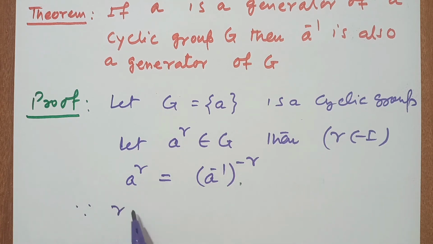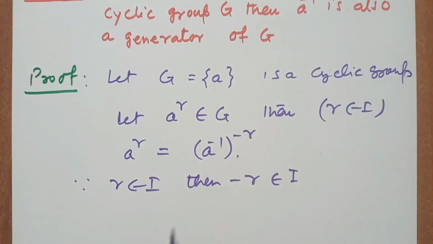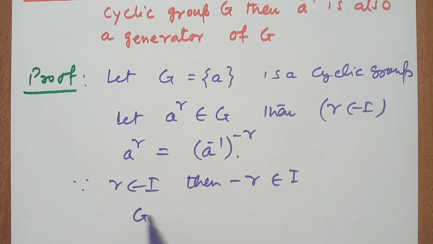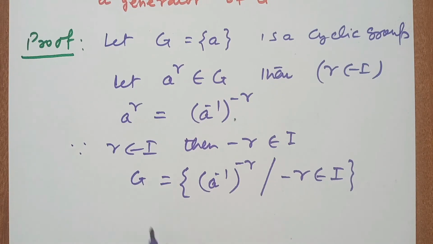Since r belongs to I, minus r also belongs to I. It means elements of G can be written as powers of a inverse with exponent minus r, where minus r belongs to I. So by definition, G is a cyclic group generated by a inverse.